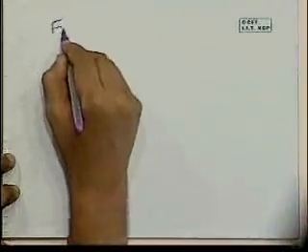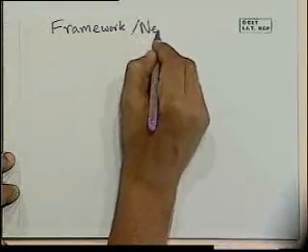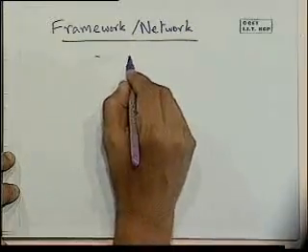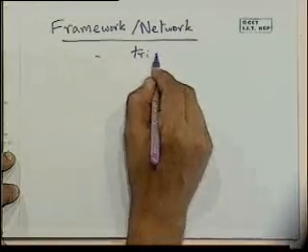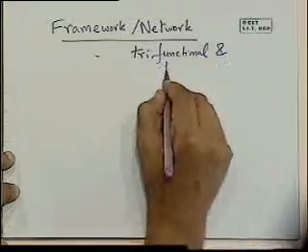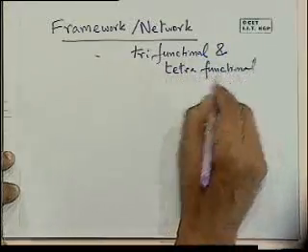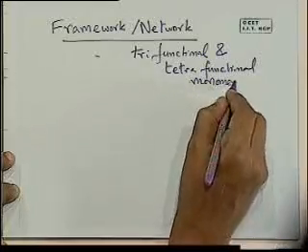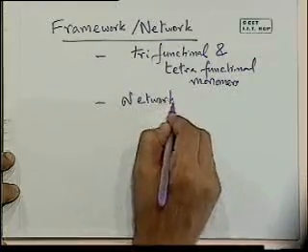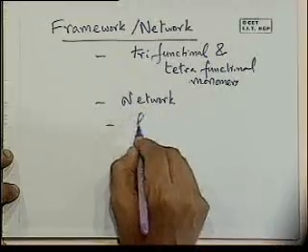The second class that I mentioned are called framework or network polymers. And these are in general formed by trifunctional and tetrafunctional monomers. As the name implies, there is a network that is formed, and as a result, the material has got a higher melting point.